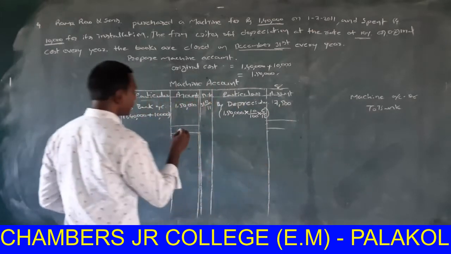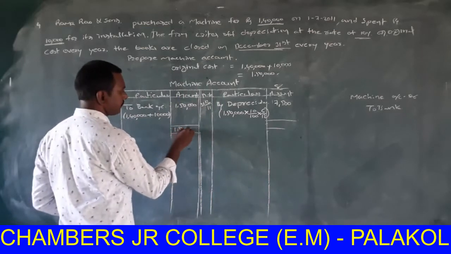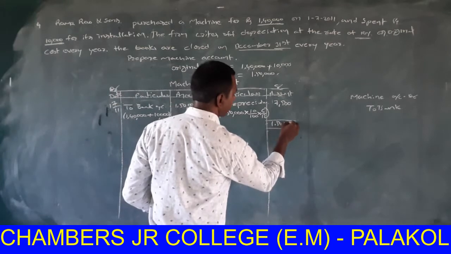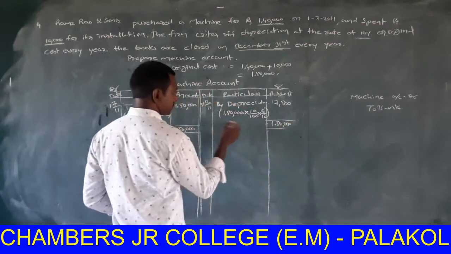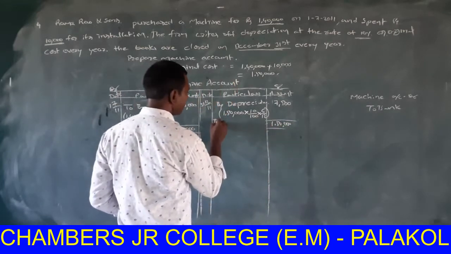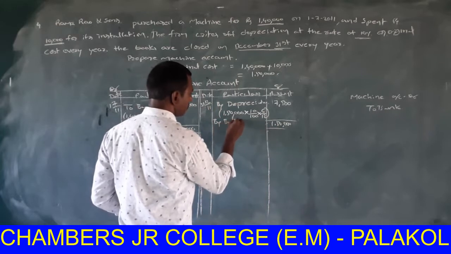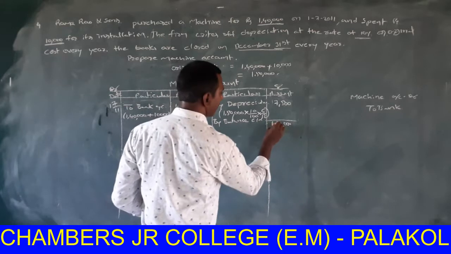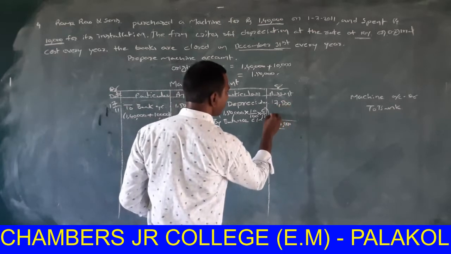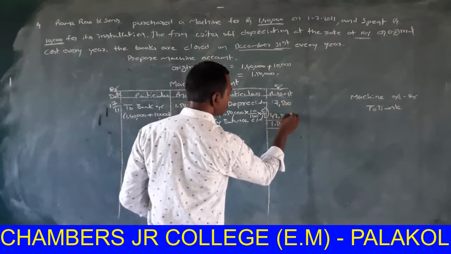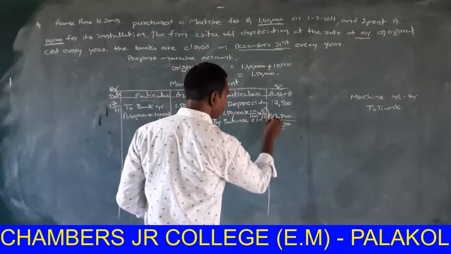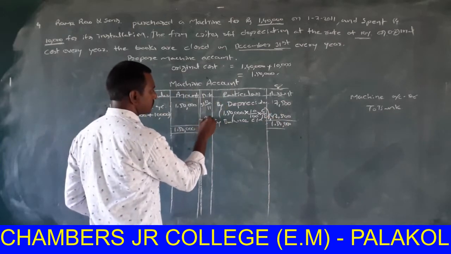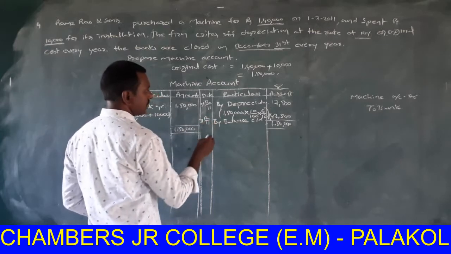Now take the total on the debit side, 1,50,000. Here also 1,50,000. The balance: by balance carried down, 1,50,000 minus 7,500 is 1,42,500. Same date, 31/12/2011.